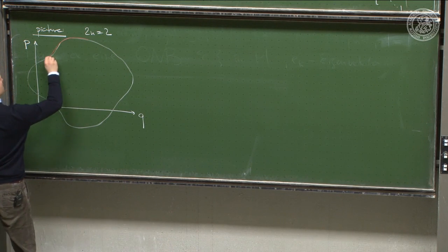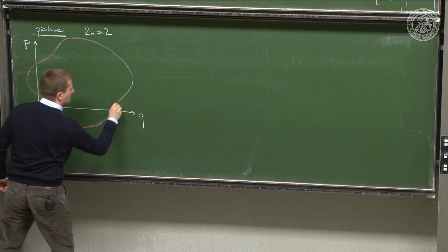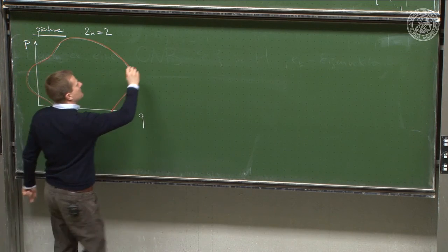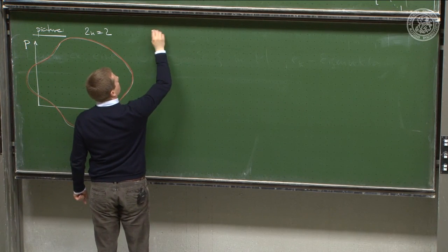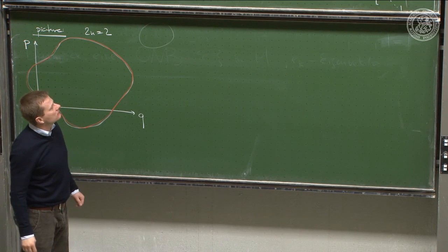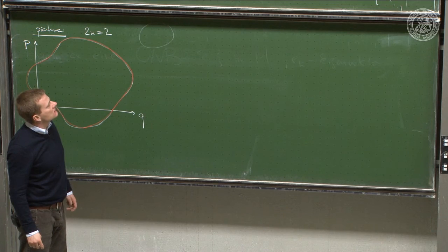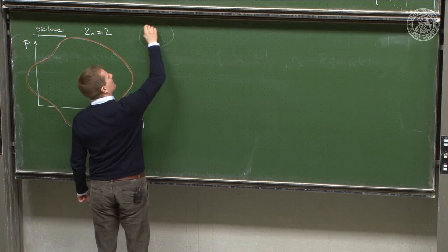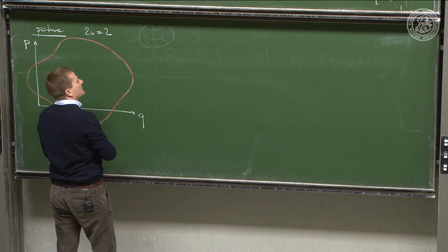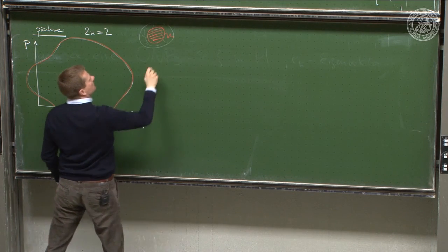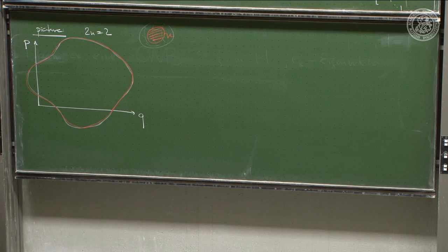What's in here is the image of Darboux coordinates, and there may be some funny looking, a sphere, for instance, right? This is the bit U, and this is mapped by Darboux coordinates to a part of this R^2n.